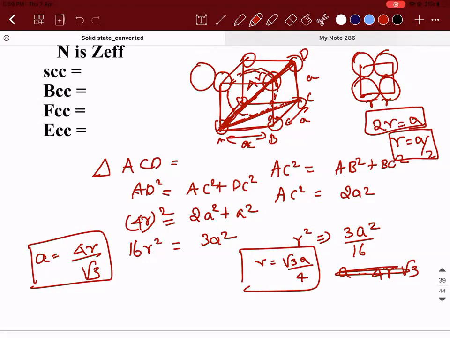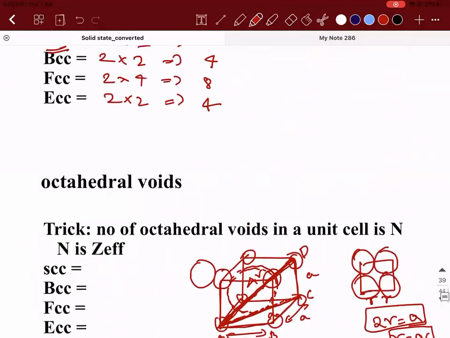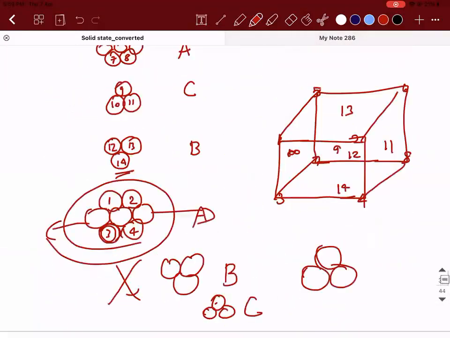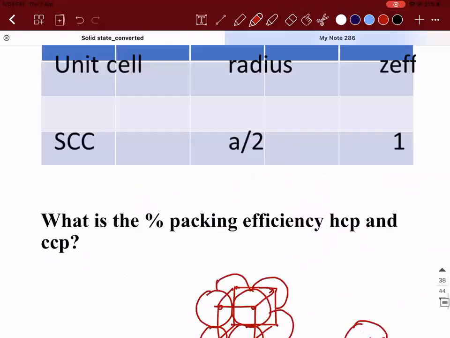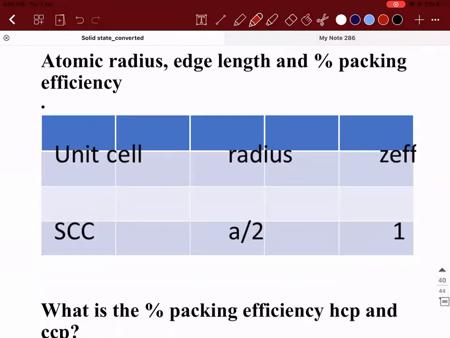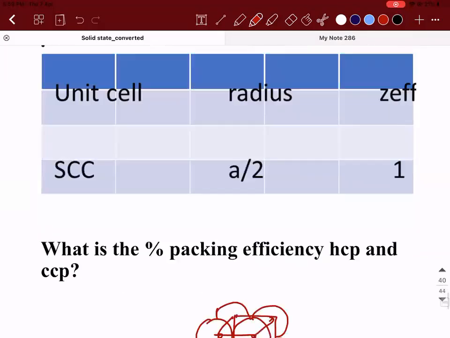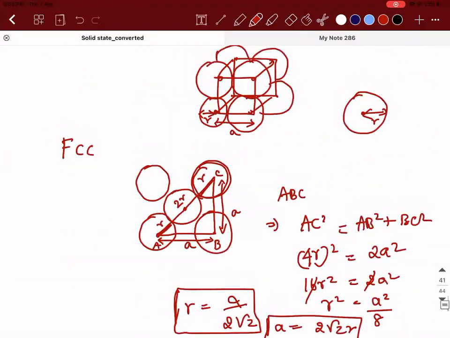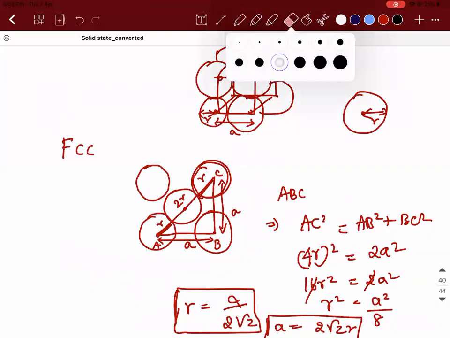See, this table actually shows everything. I'll write it for everything. That is the table I have represented.